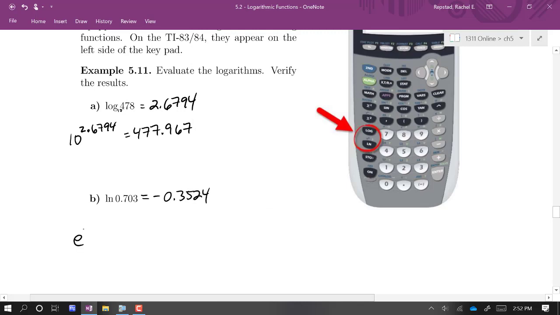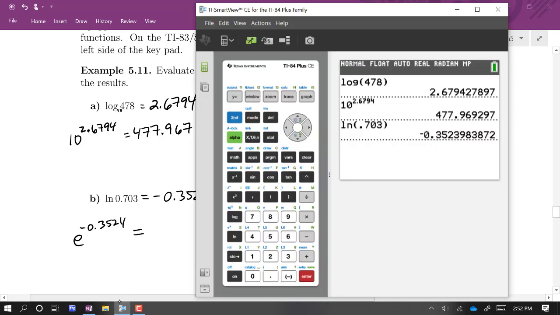That means that if I take e and raise it to the negative 0.3524, I should get 0.703 or something very, very close to that. So second ln gives me the e to the stuff function. So negative 0.3524, and I get 0.702998886, so 0.7030 if I'm using 4 significant digits.